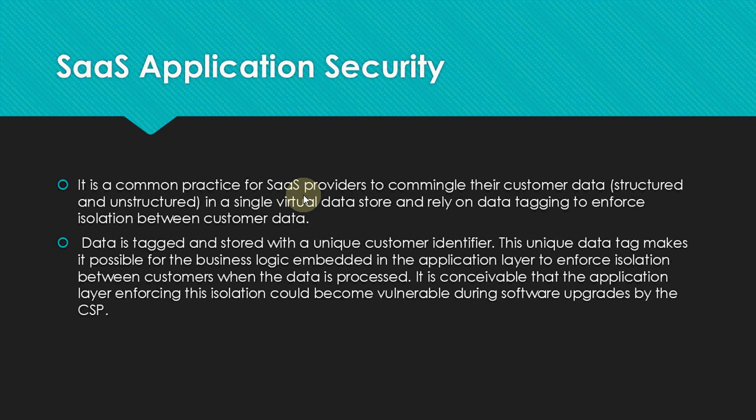Another problem for SaaS is that all cloud service providers commingle their customer data. What does commingle mean here? It means they just shuffle the data. On the cloud, data is usually stored in terms of keys and values, which is known as NoSQL data. When NoSQL data is stored, it is not stored like the relational model you are familiar with.